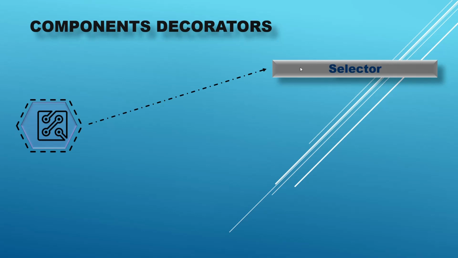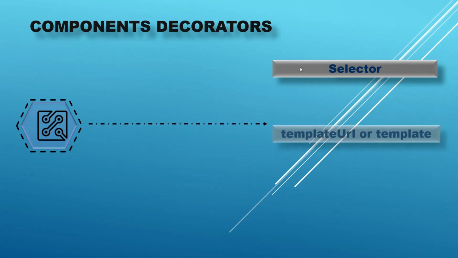We will see this when we go for the live component creation. I'm just giving you some idea what this selector is. If you write a tag using this selector, then you can load that component anywhere in an HTML file.